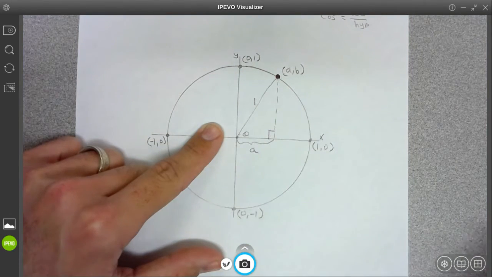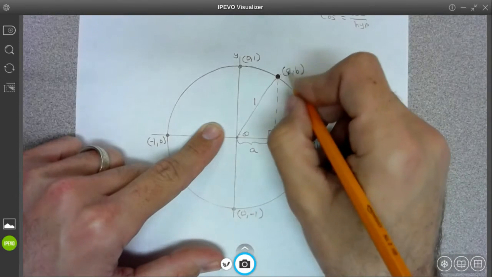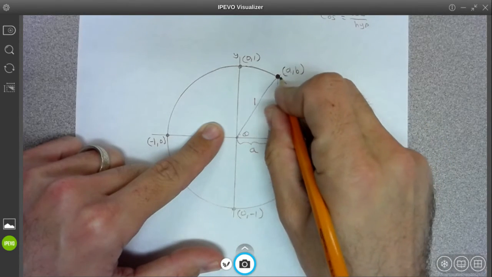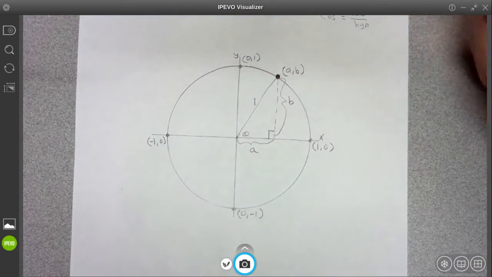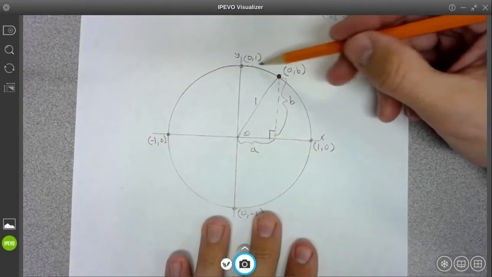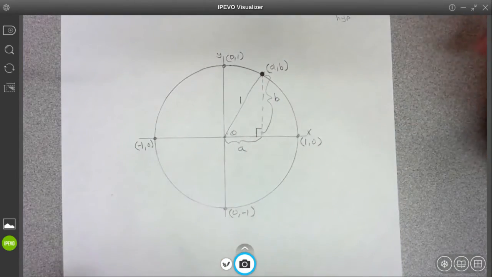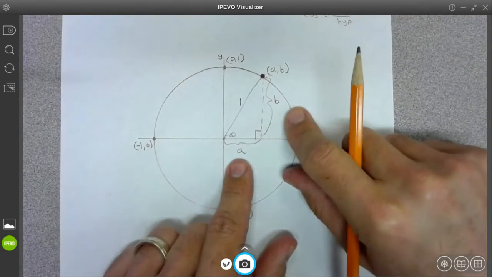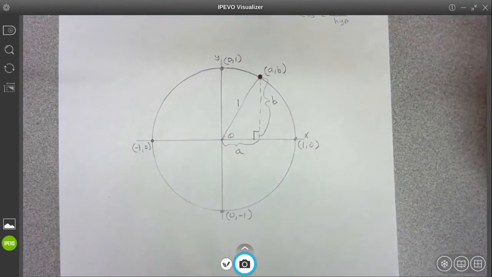We're going to call that A. And this up and down distance is going to be B. Depending on where A and B are, all this stuff would change. Of course, it would still be a right triangle, but we're going to think of these numbers differently. We're not even going to use the Pythagorean theorem, really.